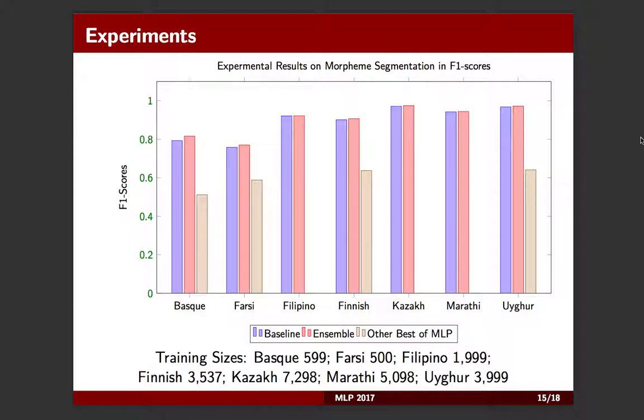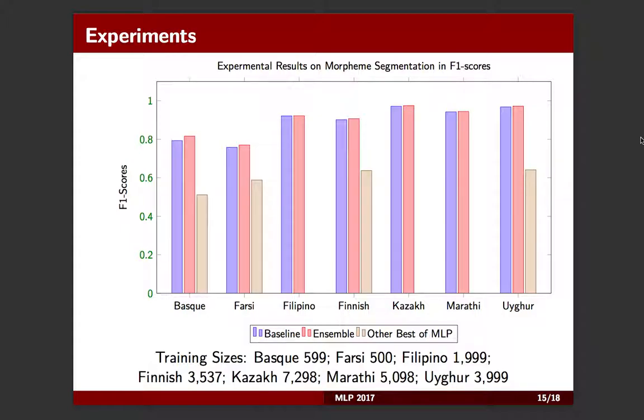We can see similar results on morpheme segmentation, as the ensemble system is also better than the baseline. But we see that the scores on Basque and Farsi are substantially lower than the others, due to the smaller training size.